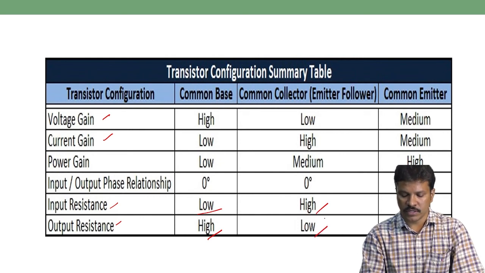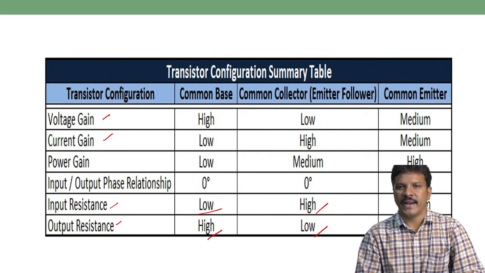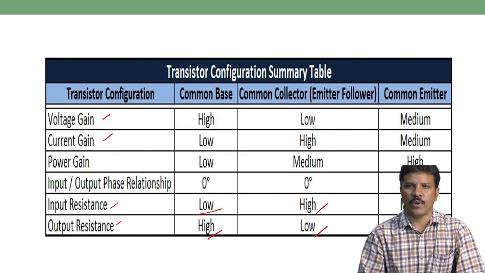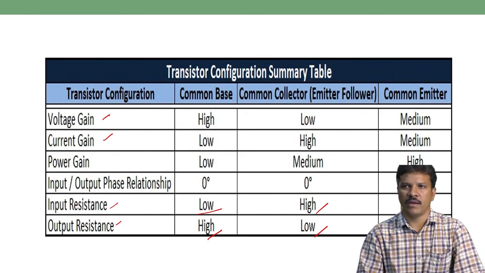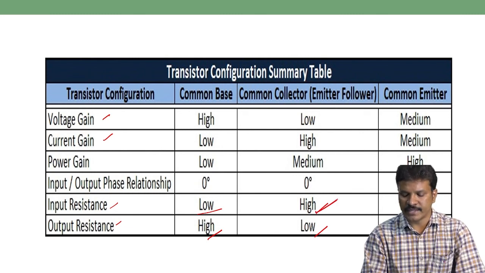So when do we use common collector? Where impedance matching is required, or output impedance needs to match the load. For example, for a loudspeaker in the amplifier, we can prefer common collector. The common collector is also called emitter follower. This can be useful for impedance matching or as a buffer circuit, because it has high input impedance and low output impedance.